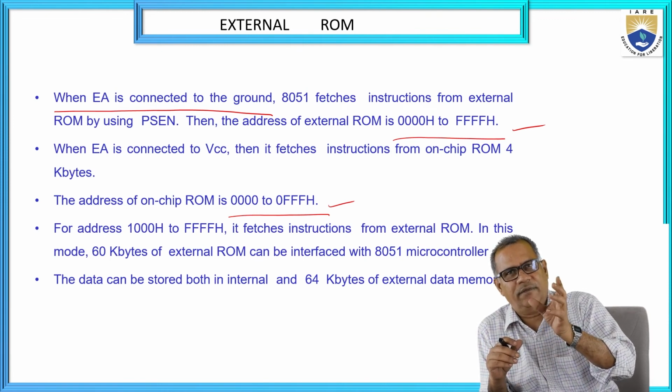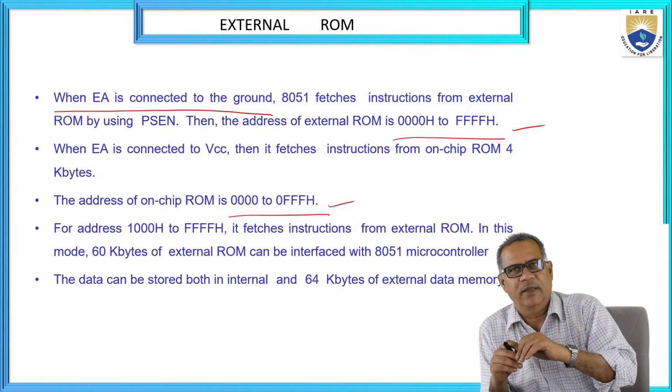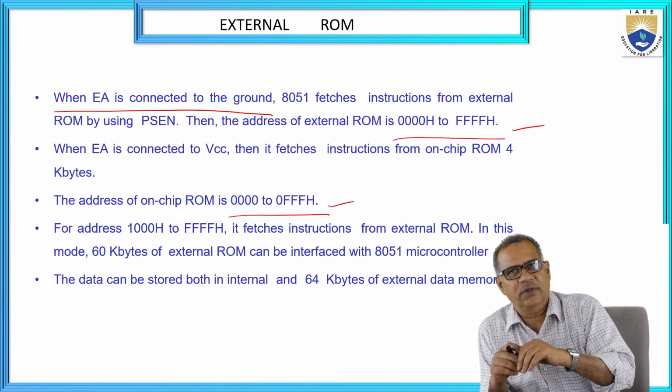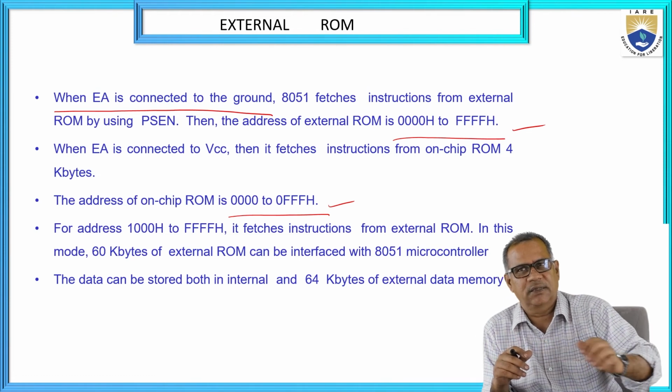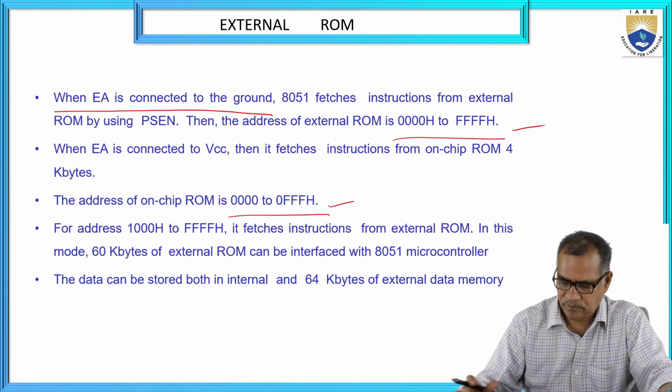So, to access those 60 kilobytes, we use the address in the range 1000H to FFFFH. So, this data can be stored both in internal and 64 kilobytes of external data memory.